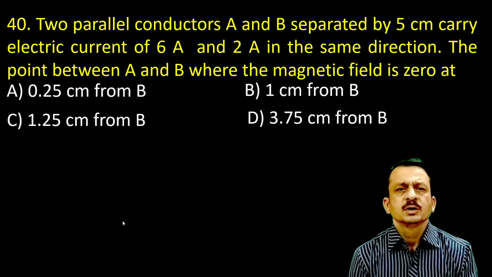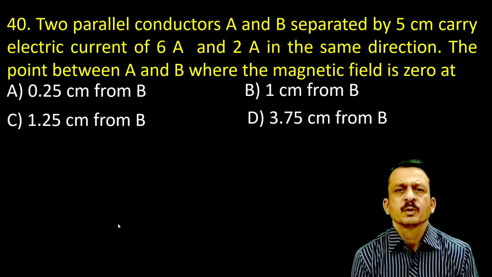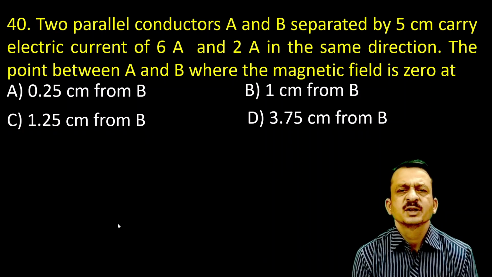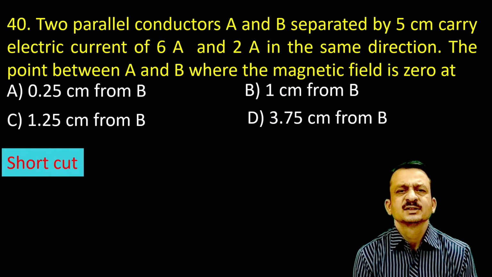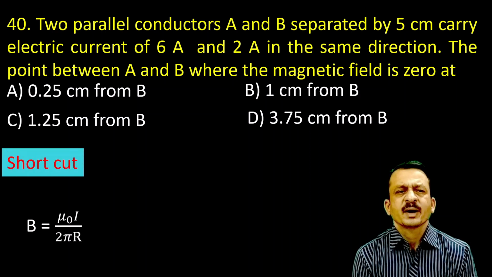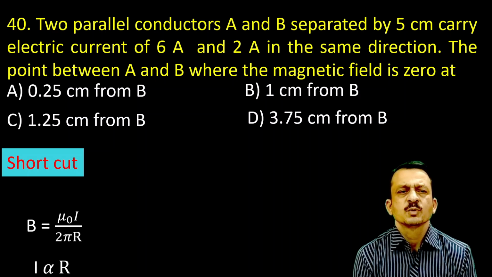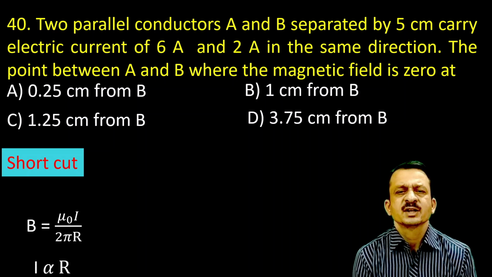Now we can solve this problem using a shortcut method. Since the two currents are parallel, the null point is between the two conductors. We have the magnetic field B equal to mu naught I divided by 2 pi r. From this relation, I is proportional to r, because the magnetic fields are equal.